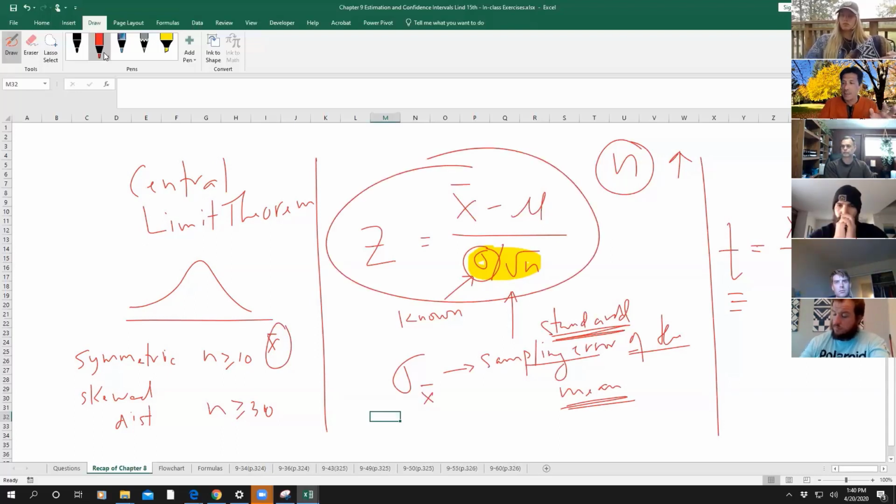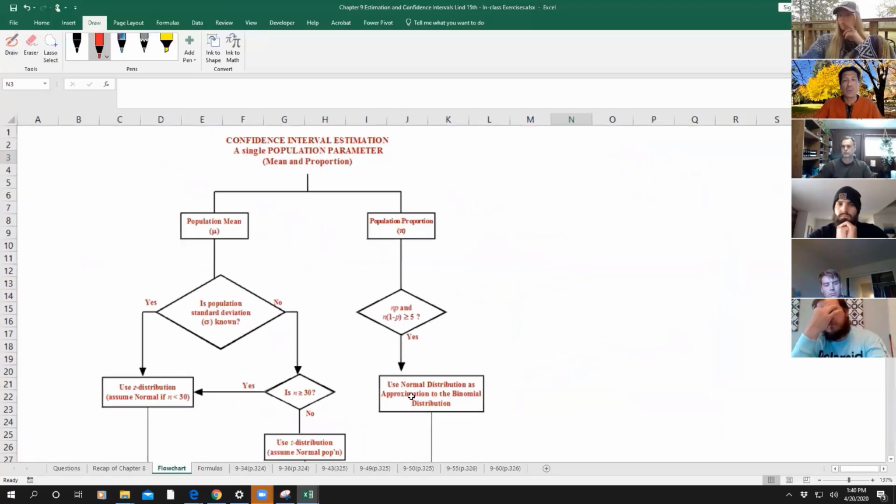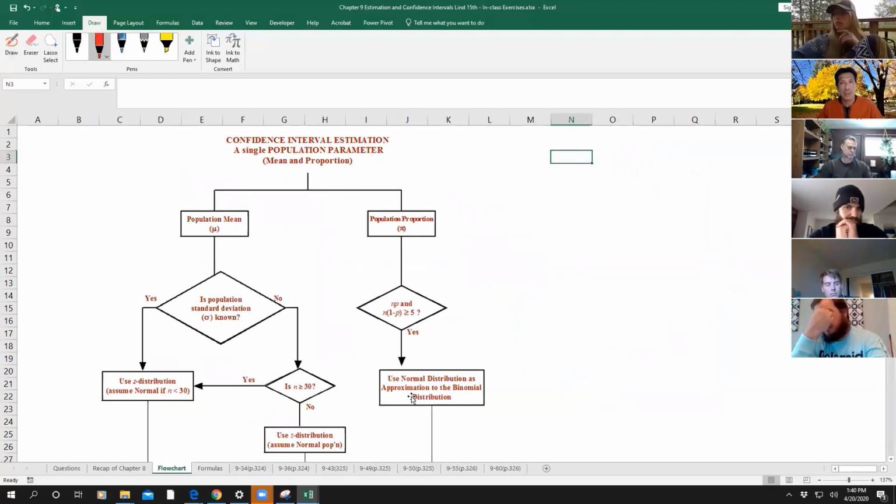This concept will be carried on to chapter 9. So here's an important worksheet that I would like you to pay attention to in chapter 9, the Excel file that is available in Moodle.